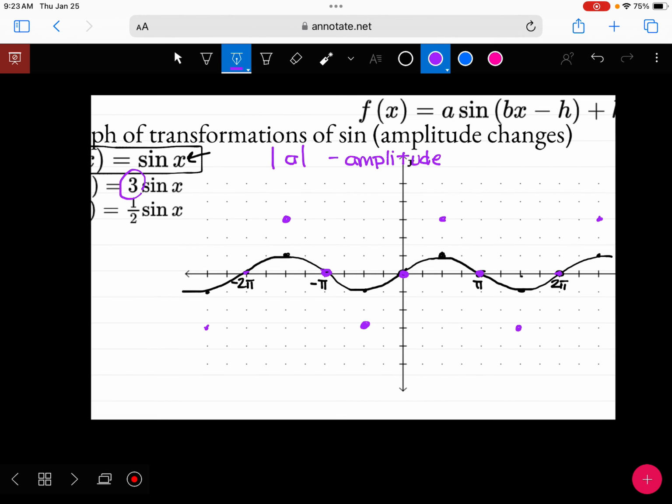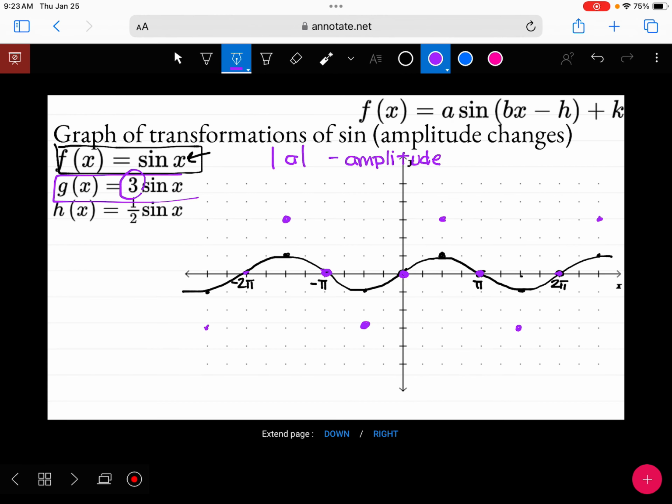So for our g of x, which is 3 sine of x, it's going to look like this.